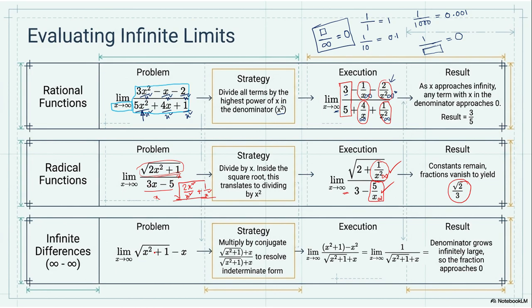Here we have root over x square plus 1 minus x, so we have to multiply by root over x square plus 1 plus x. Then you have to calculate this. After calculating, if you put infinity here, then I think this will be infinity, so in total the value will become infinity. So something divided by infinity will approach zero.